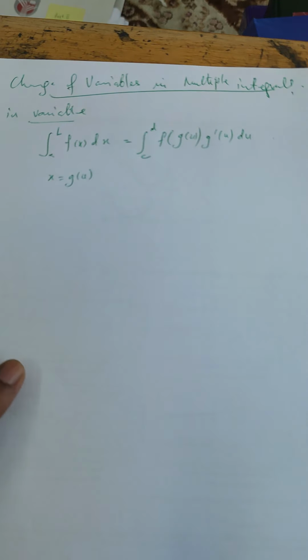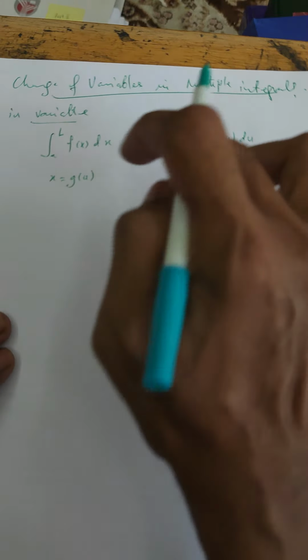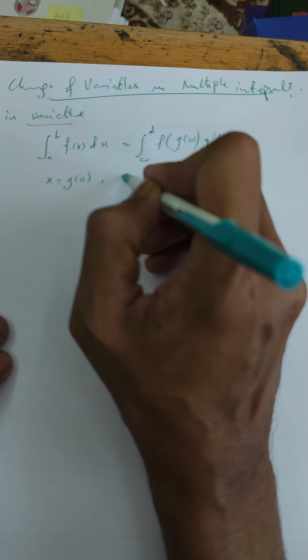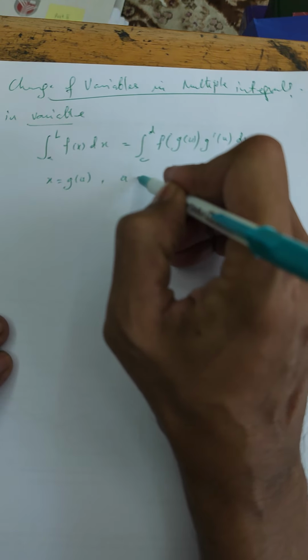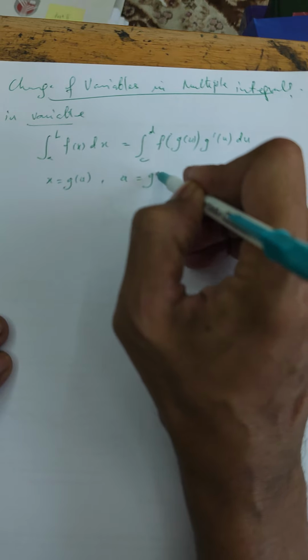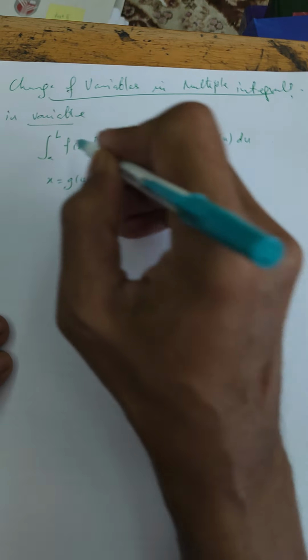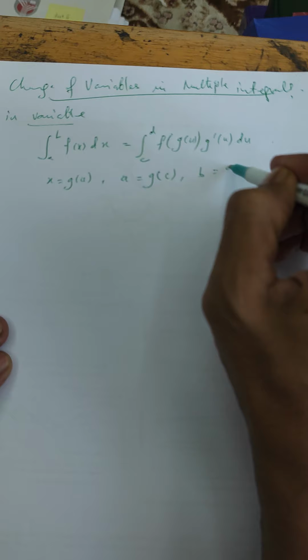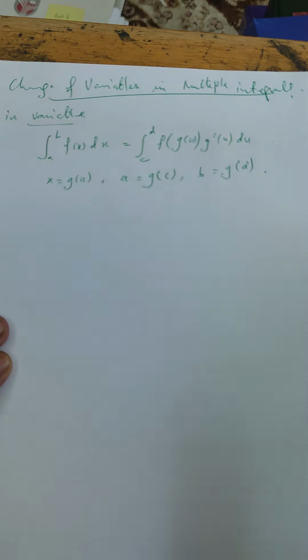So that's what happened in the single variable case, where x is equal to g(u), and our a is equal to g(c), and b is equal to g(d).